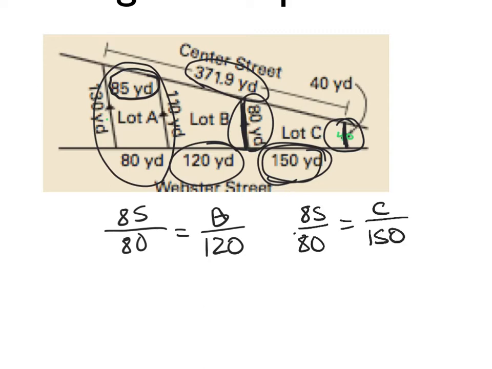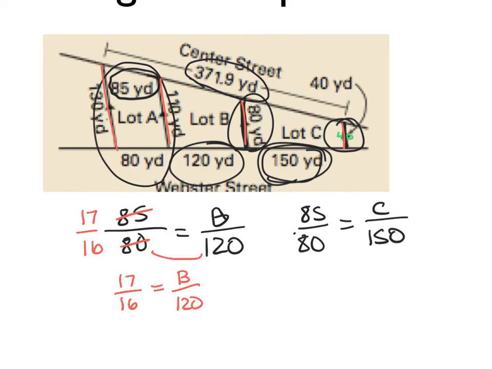There's a lot of other ways you could do it. What you can't do is chunk it this way, because that's not a triangle. You'd have to use it as though it's proportional triangles. So this would be 17 and 16. 17 over 16 equals B over 120.